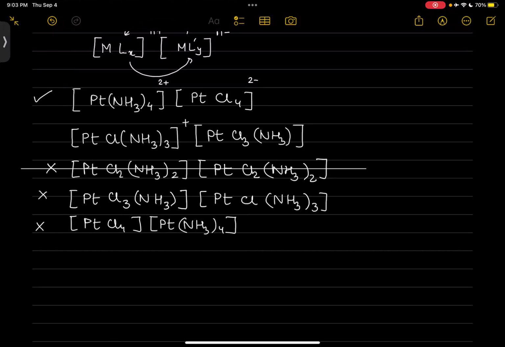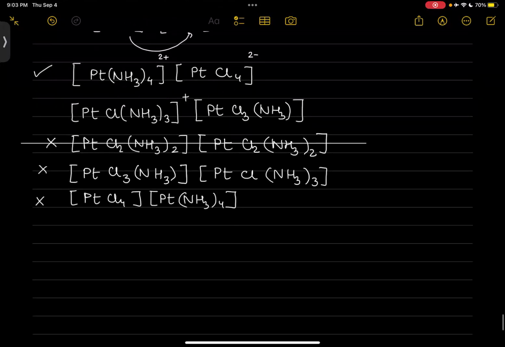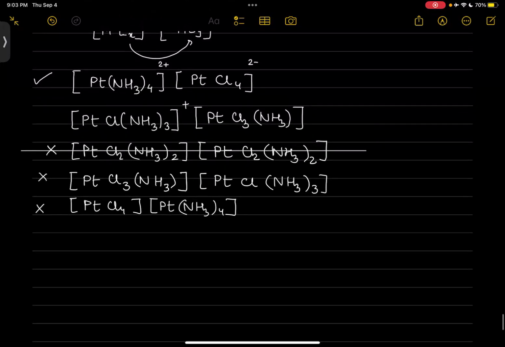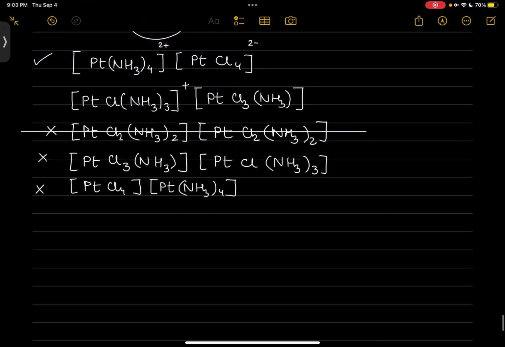What happened to those? They are not neutral. Each square bracket is still charged. Can you see it? So why are we not taking them? What's the reason?